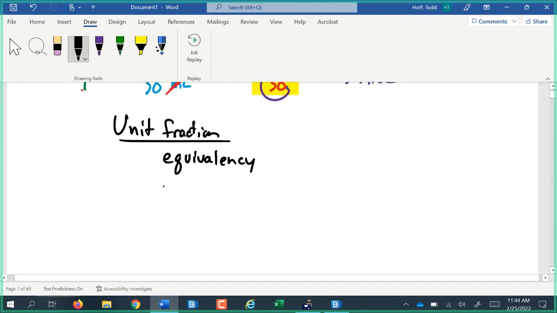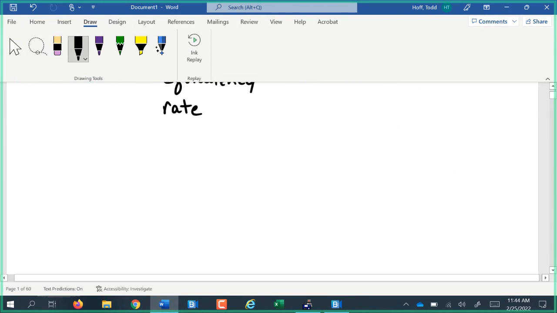But also, any rate can be used to create a unity fraction. If we have a rate that we know is true in a certain situation, that rate can be used to create a unity fraction that is used for conversions.